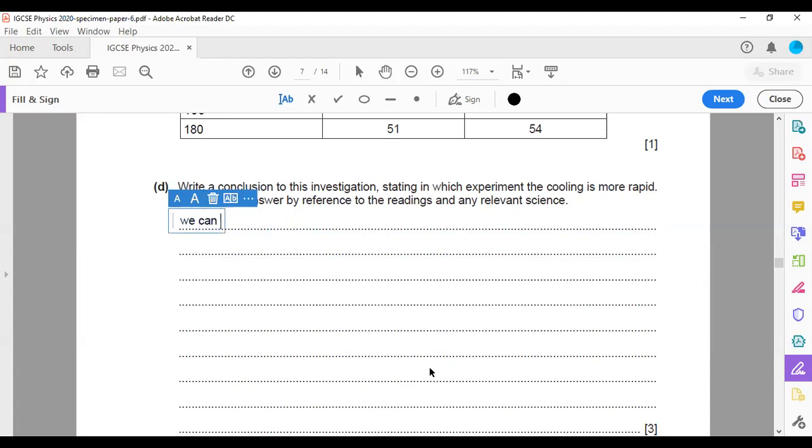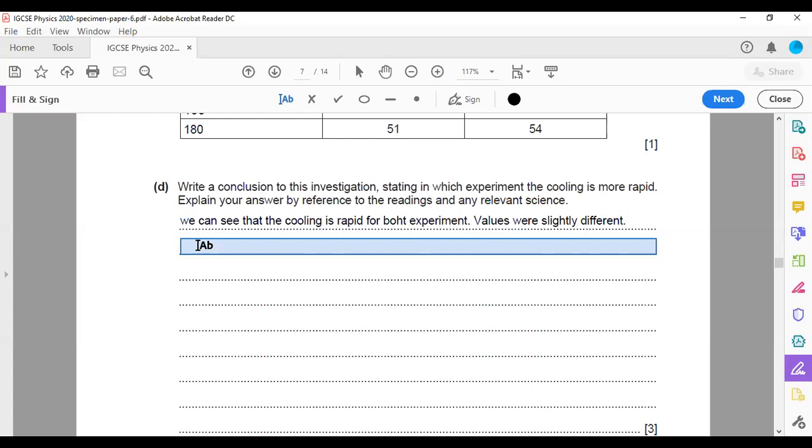We can see that the cooling is rapid for both experiments. Values were very similar, slightly different, which means it was slightly different.